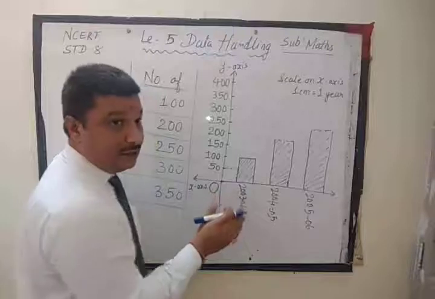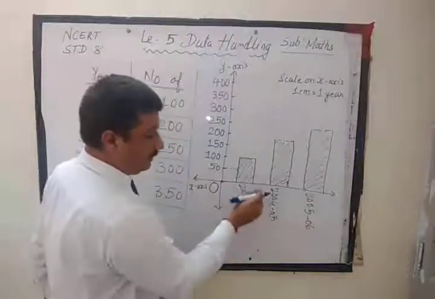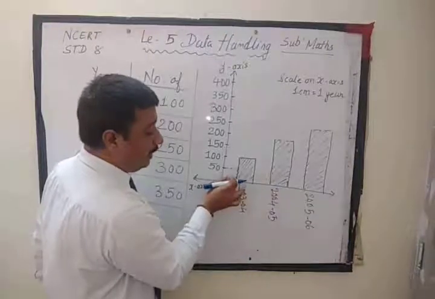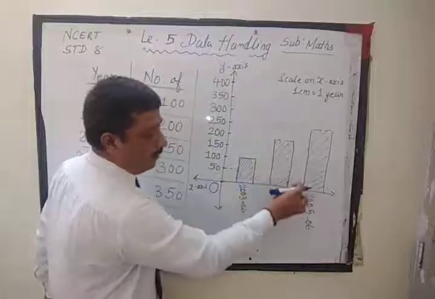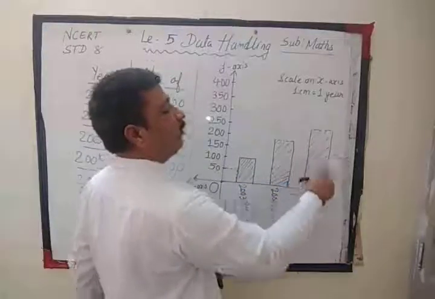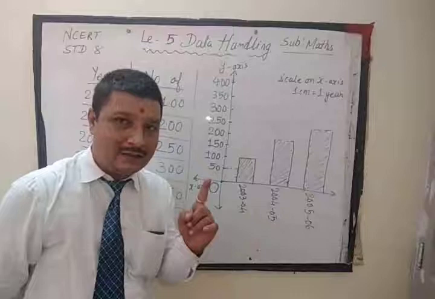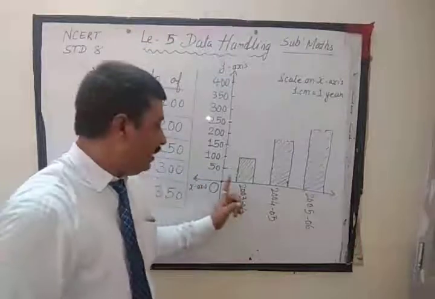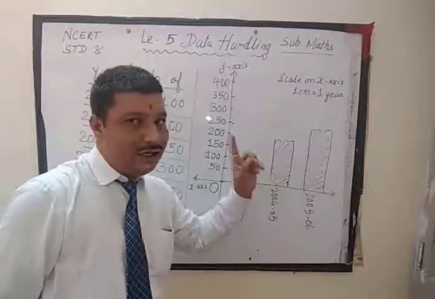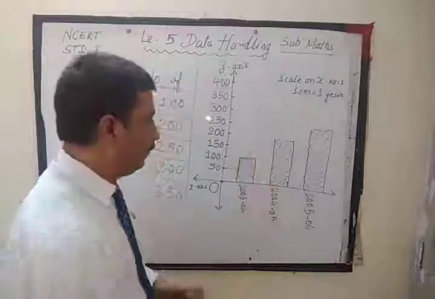We need to keep equal distance between the bars. Don't leave one here, then two there and then make a bar. Don't do like that. Equal distance means equality should be maintained between the bars.